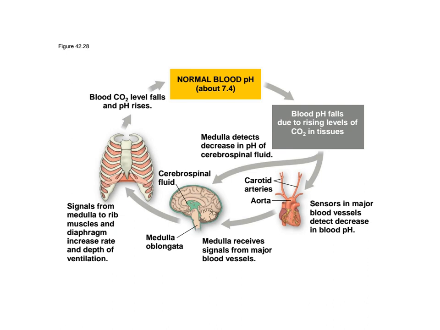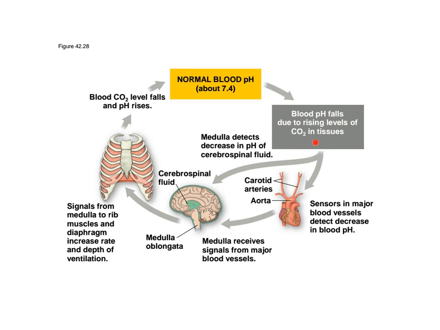So let's imagine that the pH falls and there's an increase in CO2. Well, that should indicate that we're not breathing enough. So these carotid bodies and the aortic bodies would be stimulated. The receptor cells there would send a signal to the medulla that would say essentially, you should breathe faster and deeper.